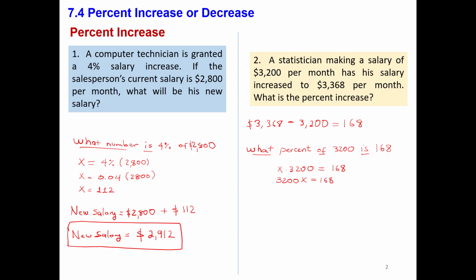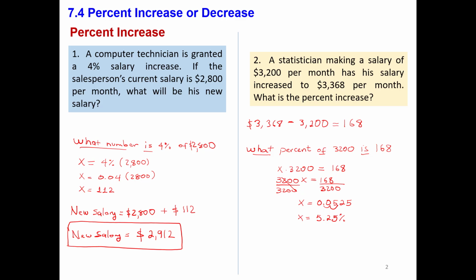We divide to solve for x, so x equals, and we just divide the numbers. We get 0.0525. Because we want the percent, we need to move the decimal point 2 places to the right, 1, 2, and it will be 5.25%.